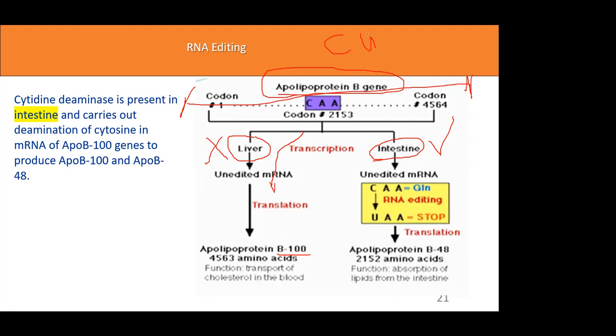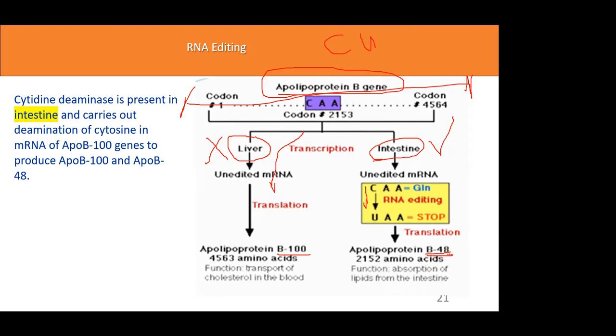The C is going to be changed to U, from cytidine to uridine. So C here is going to be changed into U, as you can see here. C is going to become U. UAA is a stop codon. So when you go to translation, the protein produced is going to be short, and it's going to be B48.